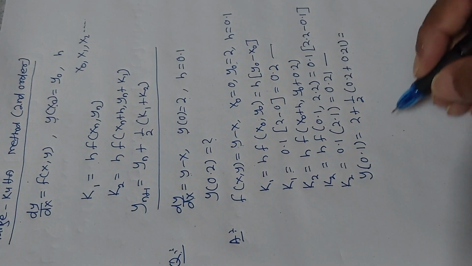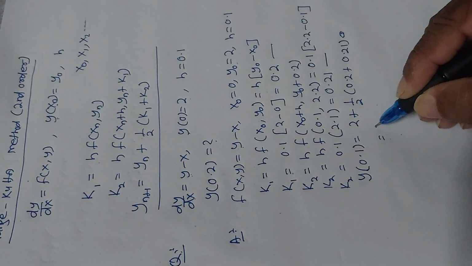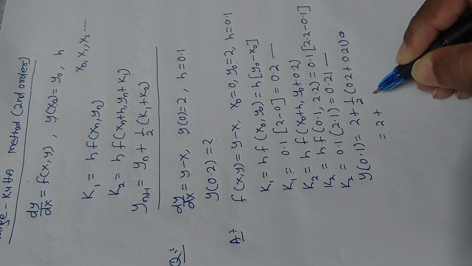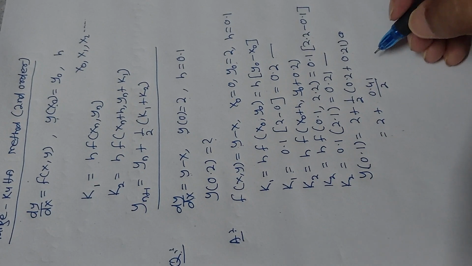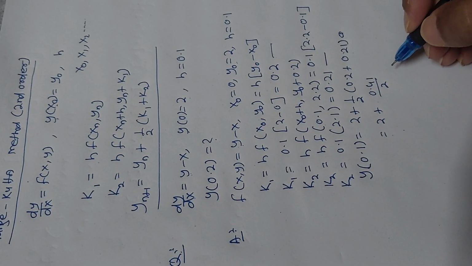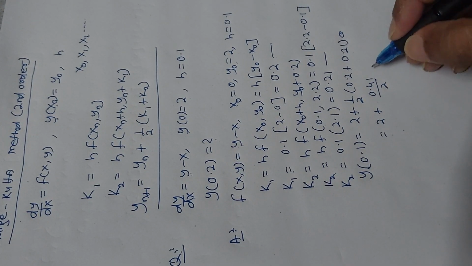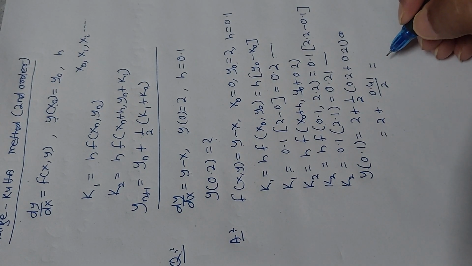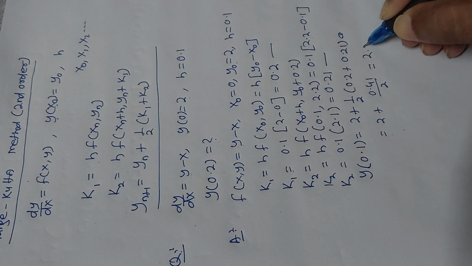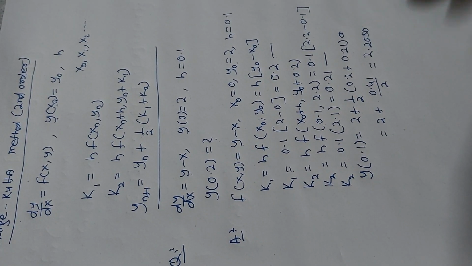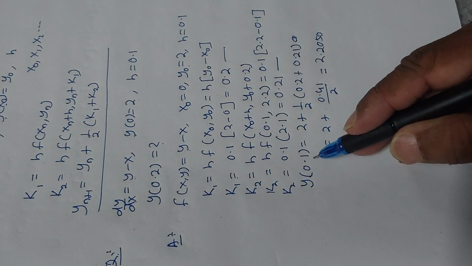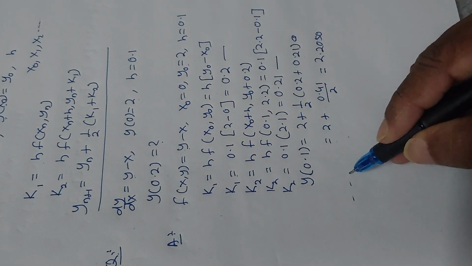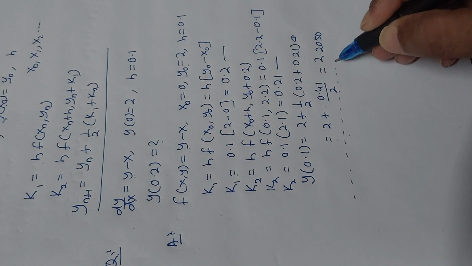So it will be 2 plus 0.41 by 2, which is 2.2050. That is y when x is equal to 0.1. It was the first iteration.